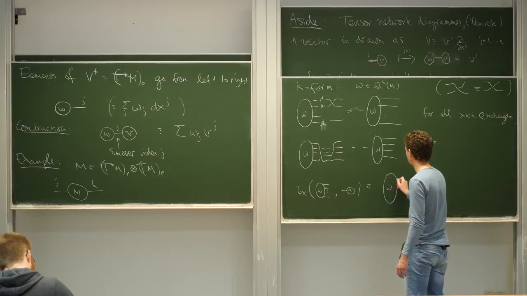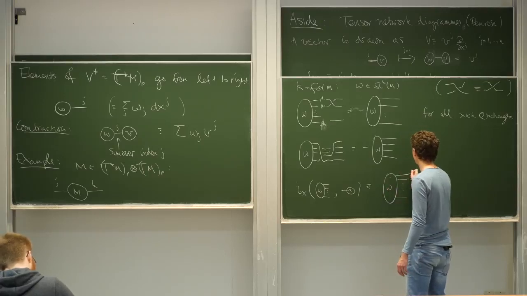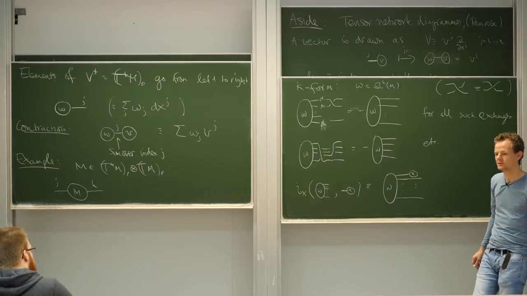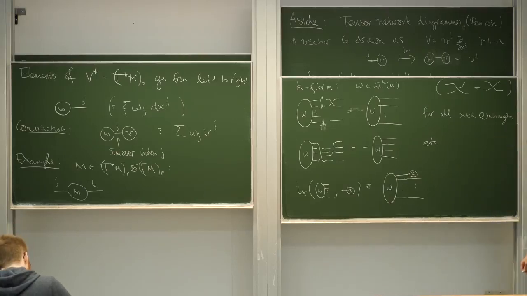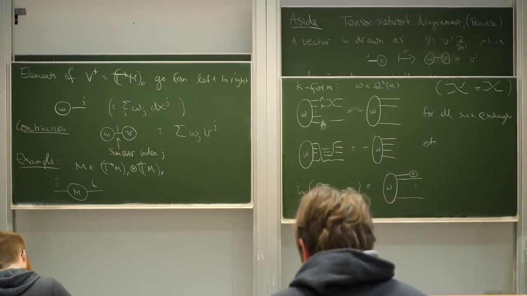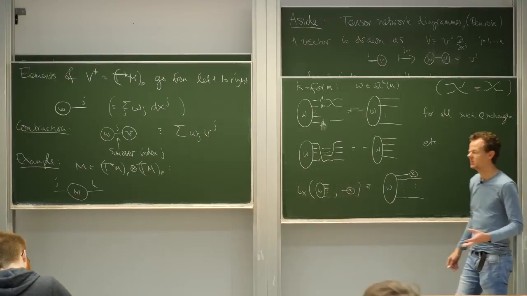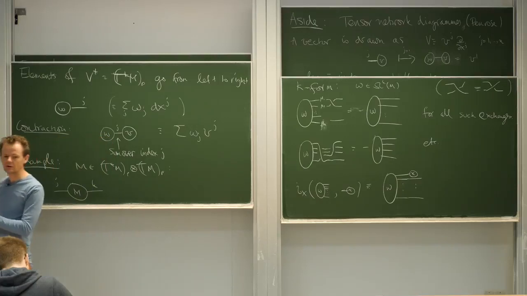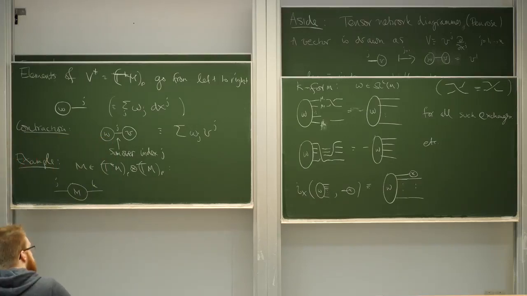Well, you take your k-form, put x in there, and you're left with a k-1 form. That's the interior product in tensor network diagrams. You can have a lot of fun doing more things like this. This formalism becomes a bit more useful in Riemannian geometry, where we have to deal with 4-index tensors, but even here it can be enlightening to think, what are these operations doing in terms of diagrams?